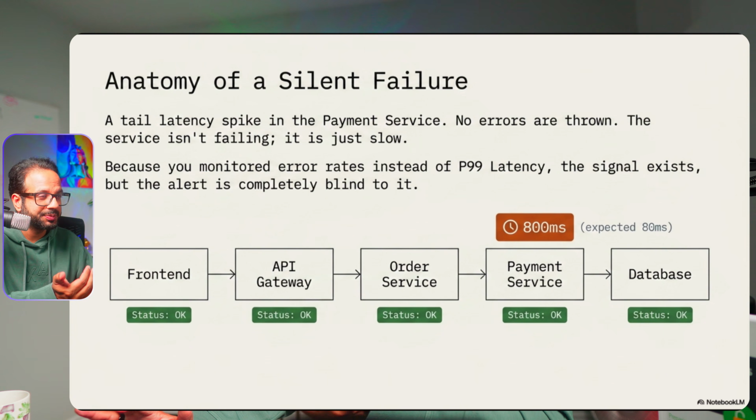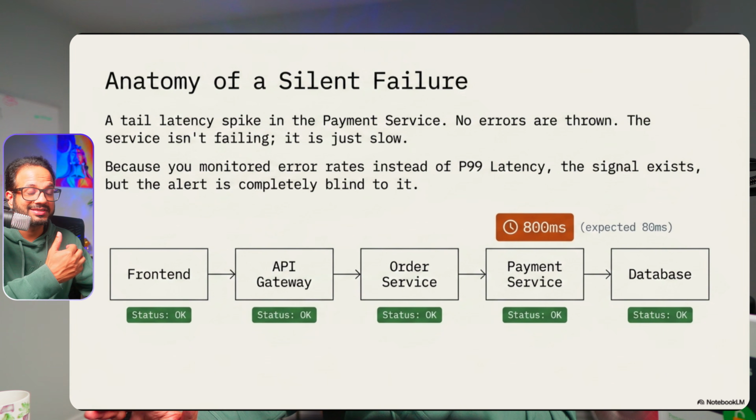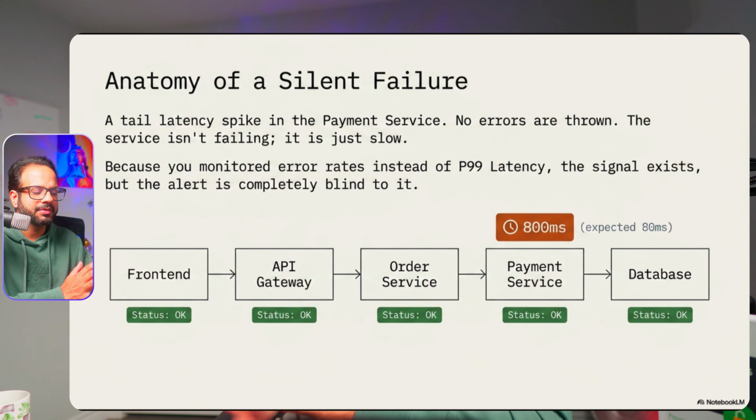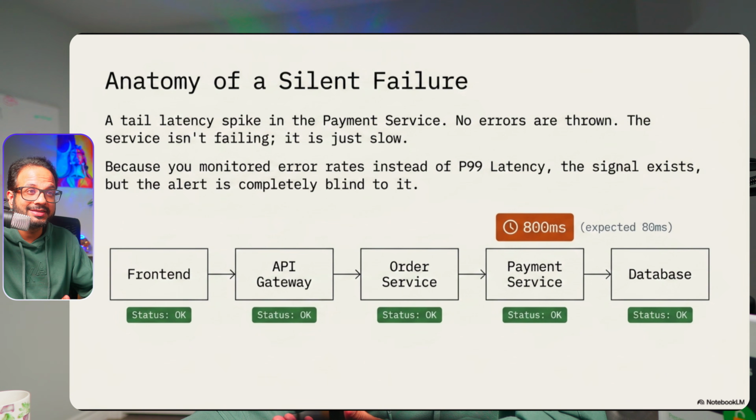They get a bad experience and their transaction could fail. There could be many things that could go wrong just because of this latency from the payment service. But how do we know that, right? Where is the latency, and how do we know why the latency is there? Because the service is not failing, it's just slow.